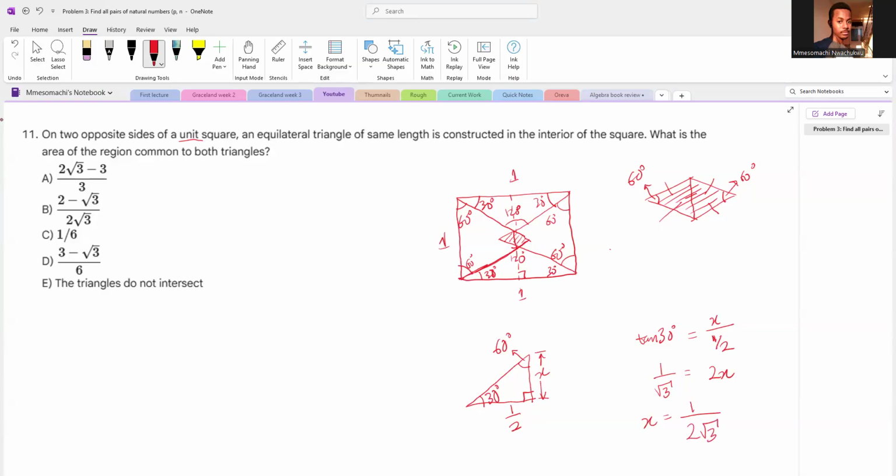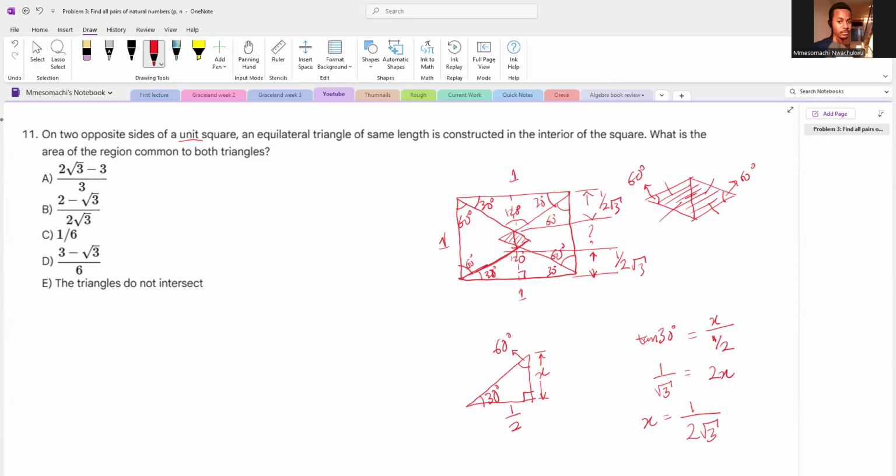So the gap from here to here, and from this tip to this point, is 1 over 2 root 3 each. We want to find this remainder here. To find it, we can just add these two and then subtract from 1.